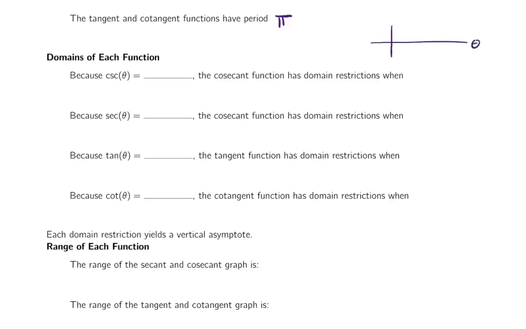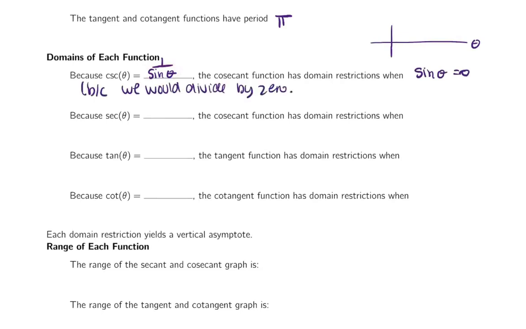We can use any independent variable, and we tend to use theta for angles. So cosecant is 1 over sine theta, right? And cosecant is going to have domain restrictions whenever we are dividing by zero, so whenever sine of theta is equal to 0.